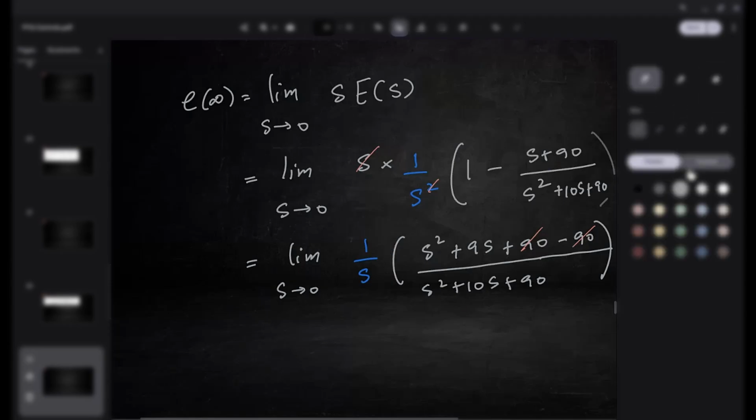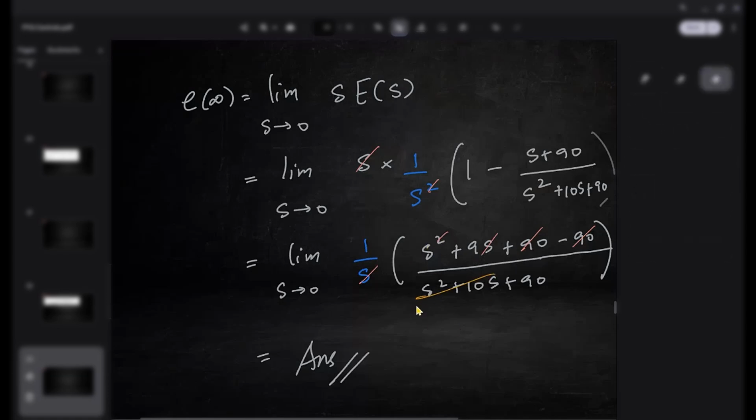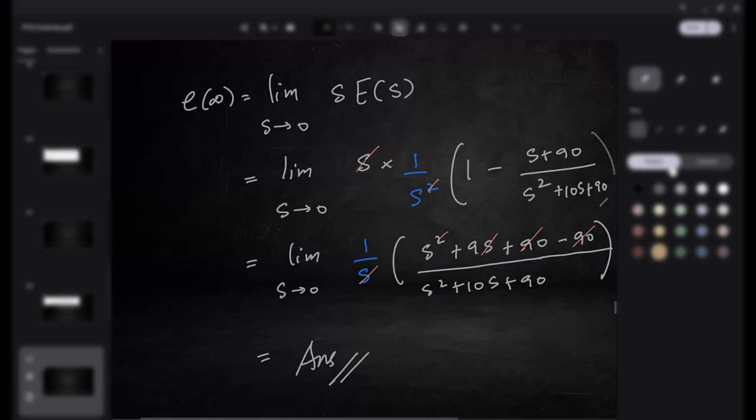So homework, and we'll stop here. Yeah, so this will also cancel. Then, remaining things, all the s terms cancel. This is just 9 by 90. That is 0.1.